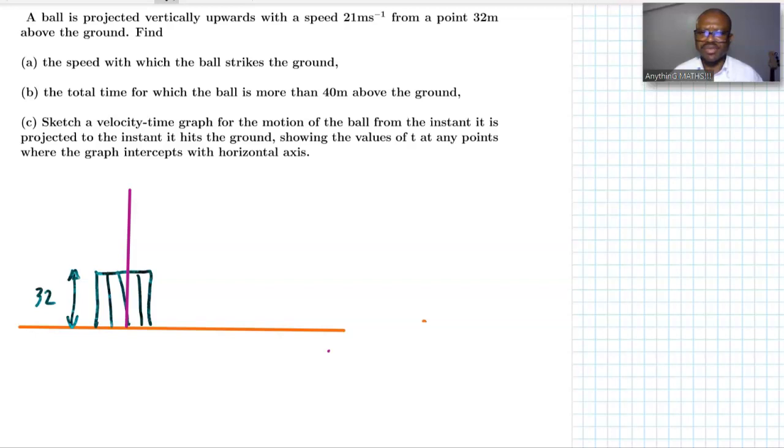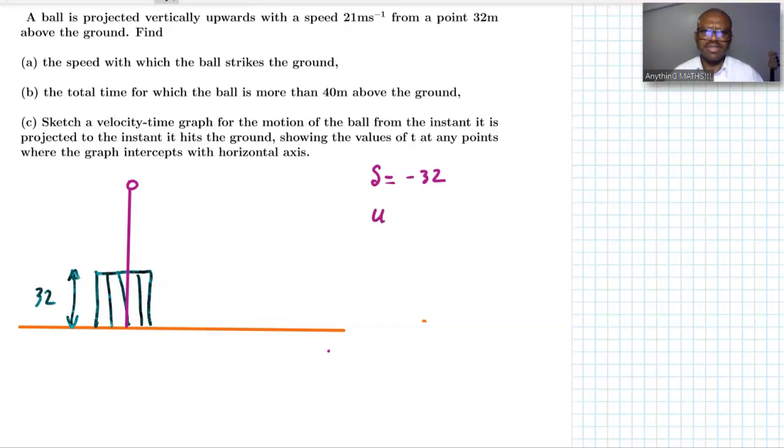So as always, I want to do a sketch. So that's the sketch I've done. The ball is at this top and hits the ground again. So the first question you have to ask yourself, what is the displacement? The displacement is negative 32. Okay, giving you the initial velocity.